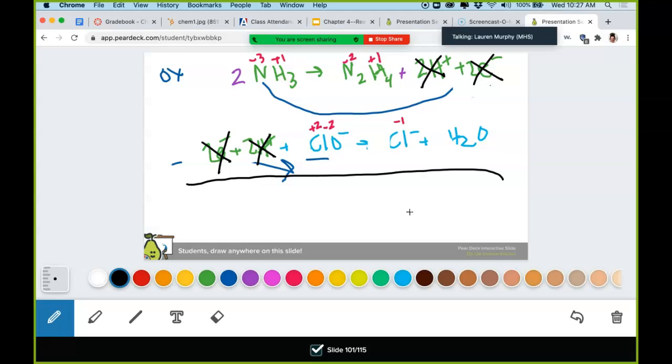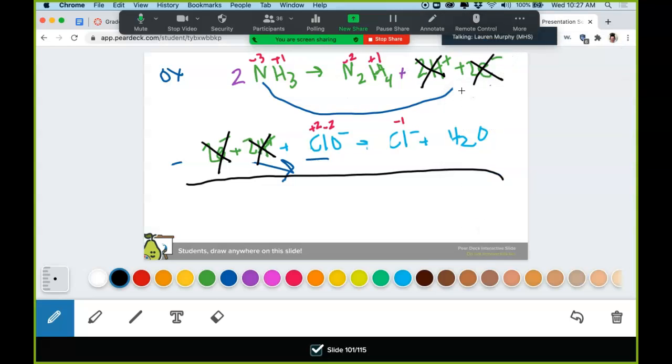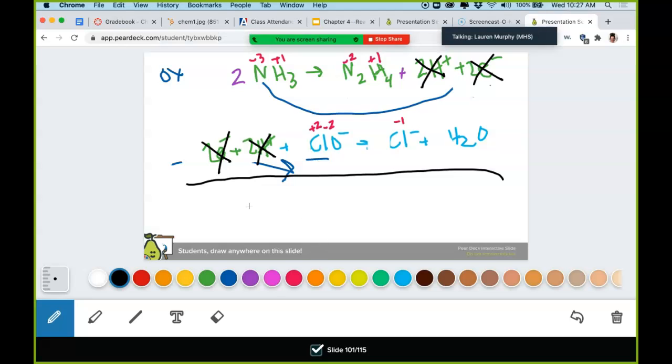Yes or no? They canceled, right? So there are no hydrogen ions left. If there are no hydrogen ions left, you don't need to add hydroxide ions because there's no acid present. So I'm just going to write out what's left: NH3 and ClO minus make N2H4 plus Cl minus plus H2O.